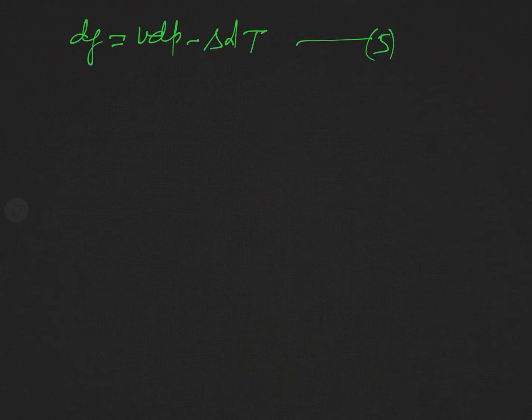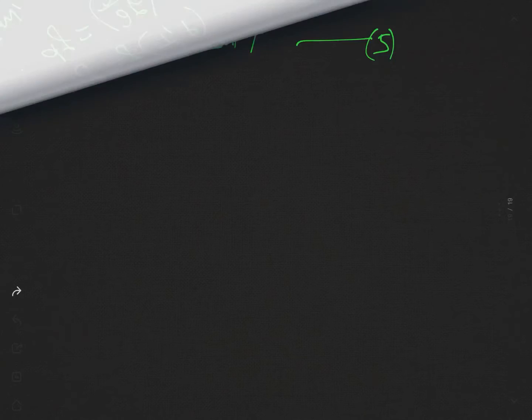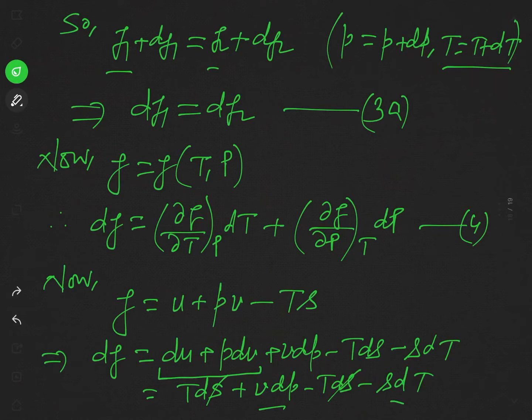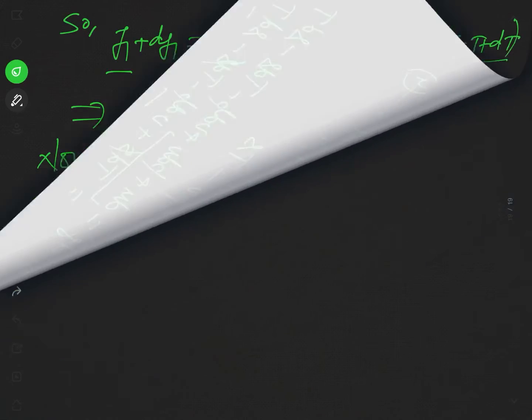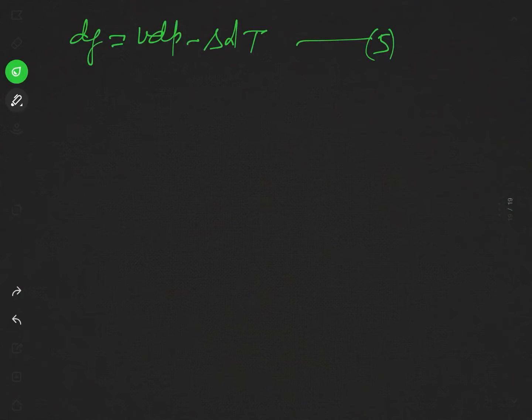Now compare the equation for dG in 4. This equation defines dG, and equation 5 also defines dG. So comparing these two equations, we can find v and s.